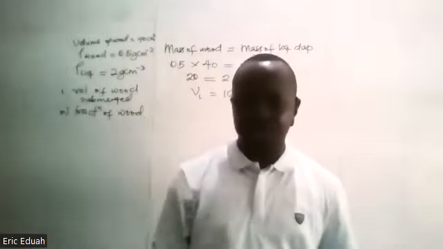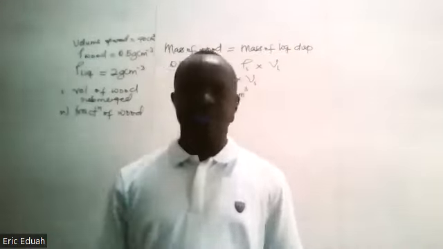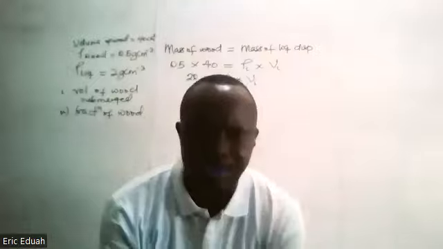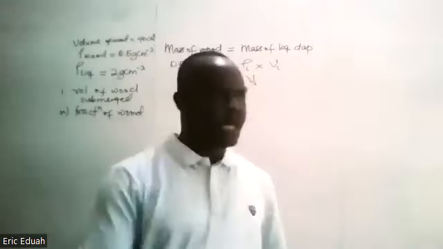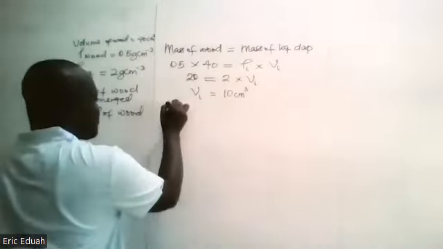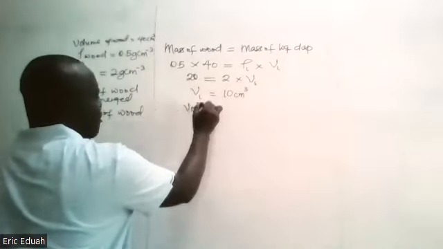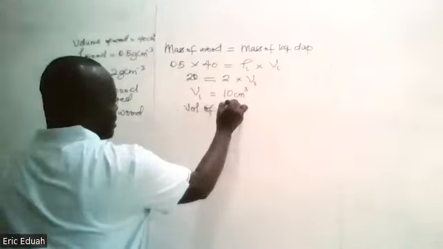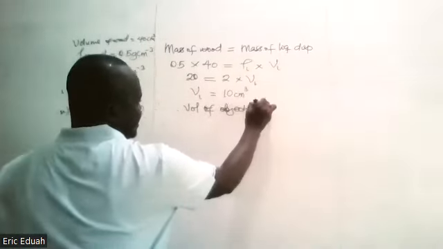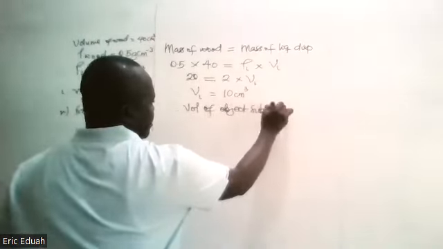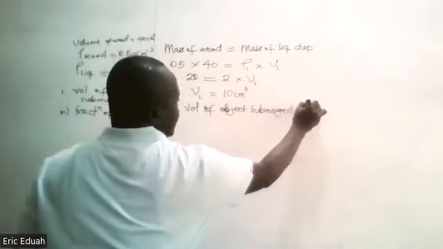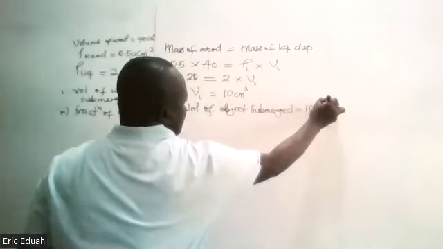And so volume of liquid displaced is equal to the volume of the object submerged in the liquid. Therefore, volume of object submerged is equal to 10 cm cubed.